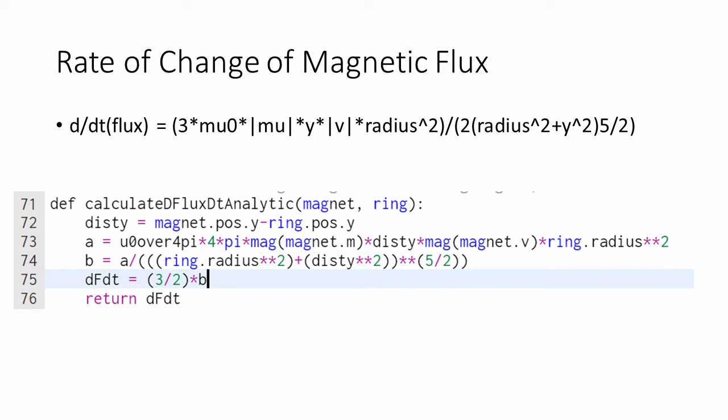That value is calculated much later on and then used in this formula. And then there is the radius of the loop, which is constant.